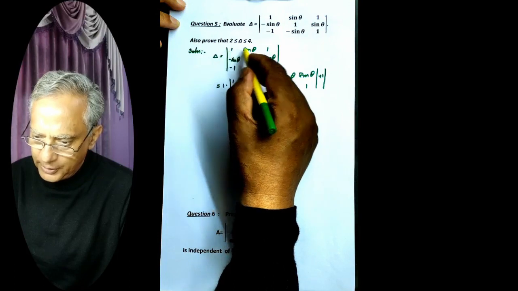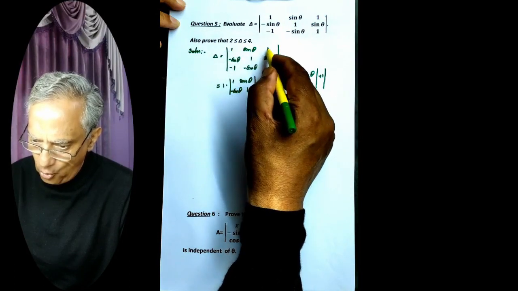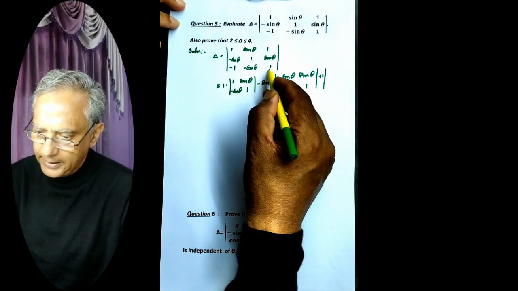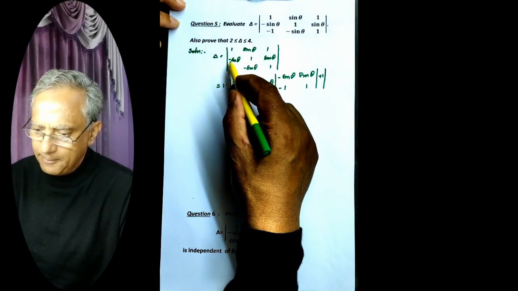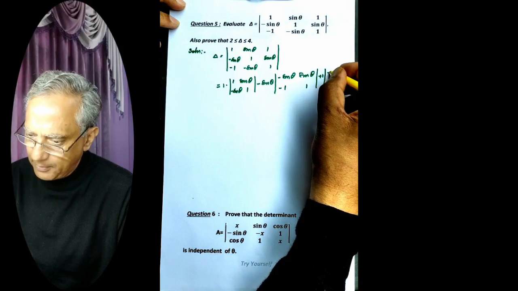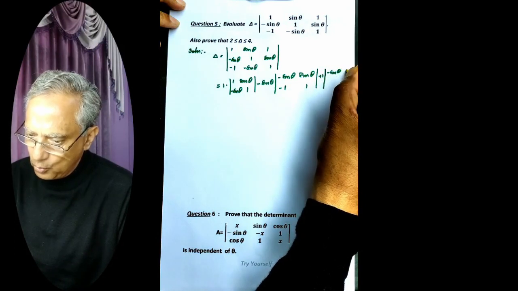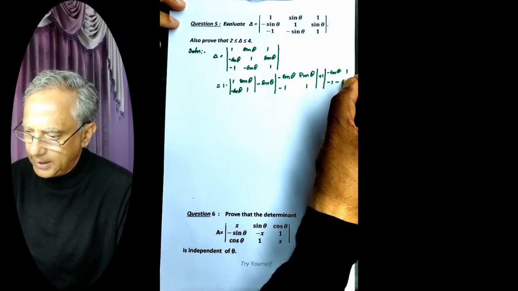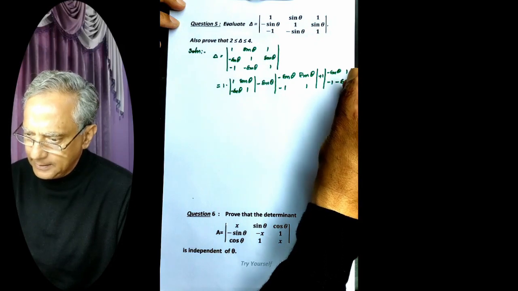Now this entry, so this row and this column will be deleted and we are left with minus sine theta, 1, minus 1, minus sine theta.